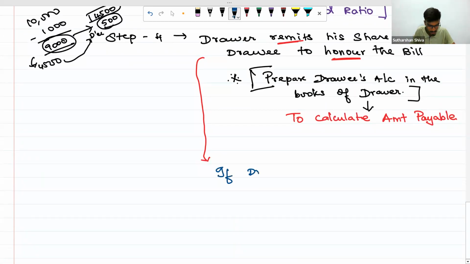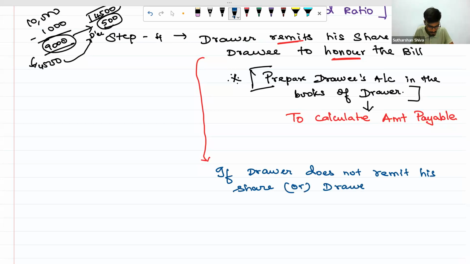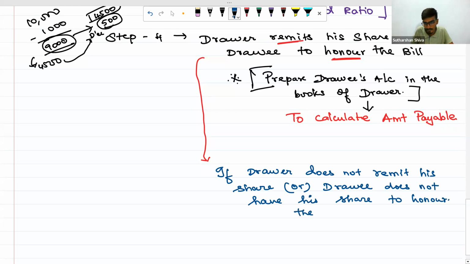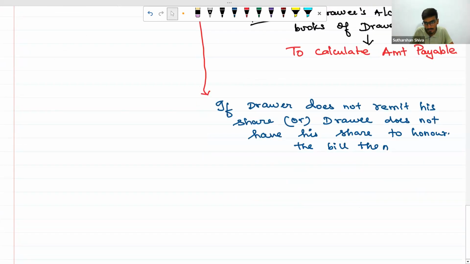If the drawer does not remit his share, or the drawee does not have his share to honor the bill, in both situations, again there will be 2 options.